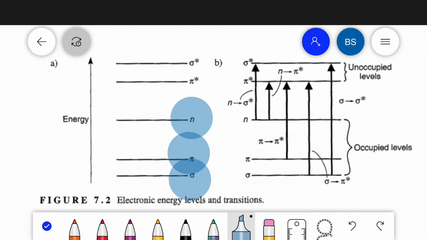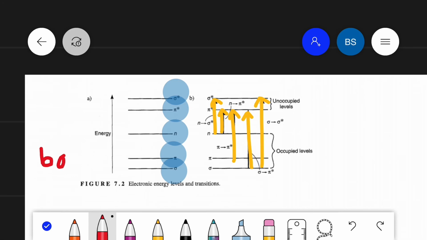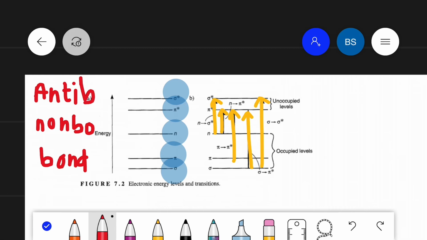The unoccupied or anti-bonding orbitals, that is pi star and sigma star, are the orbitals of higher energy. That is, sigma and pi constitute the bonding molecular orbitals, the n orbital represents the non-bonding molecular orbitals, and pi star and sigma star together constitute the anti-bonding molecular orbitals.